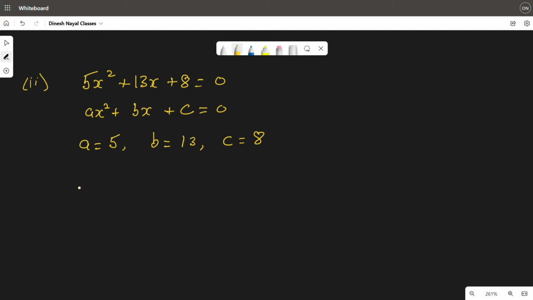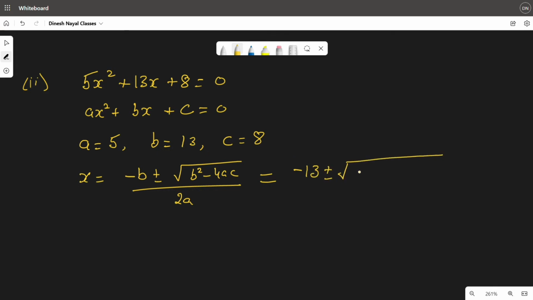x equals minus b plus minus under root of b square minus 4ac by 2a. Now see, what is b? B is 13, so minus b is minus 13. Now substituting the values, this will be minus 13 plus minus under root of 13 square minus 4 into 5 into 8, upon 2 into 5, because a is 5.